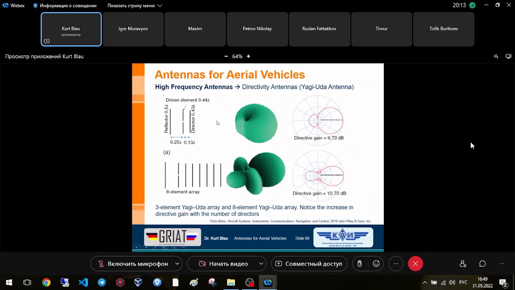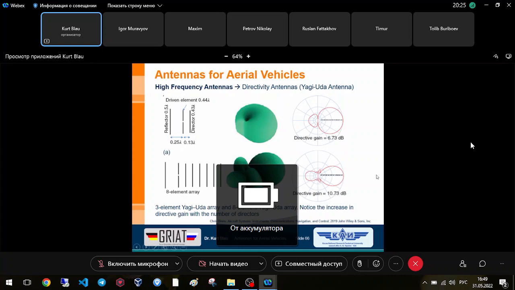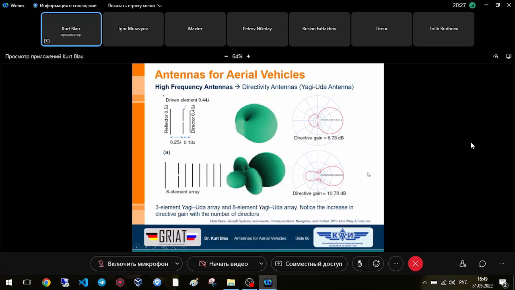And now, this was, let's say, the starting point in the last lecture to see what can we do to make an antenna in such a way that we can achieve a concentration of the radiated energy in a certain direction. Means the antenna must have a gain, and the antenna should work like a spotlight.